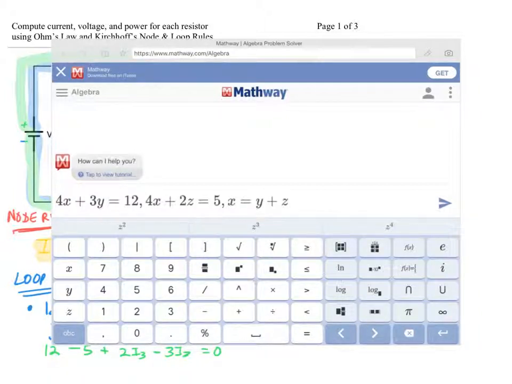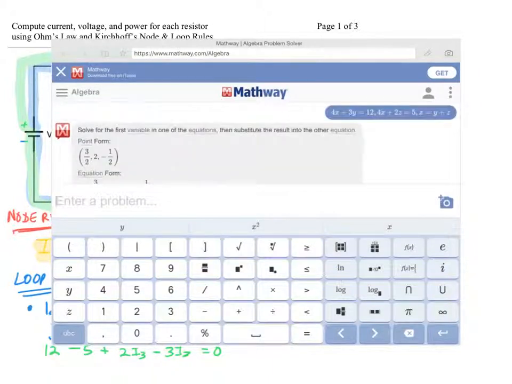plus Z. And if I hit the little go button, it just pops out the answers of 3/2, 2, and minus 1/2, which if you ran the simulation, you would know that those are the currents that actually come out in the FET thing. So here's the rub. I told you that if you ever get a negative out of your solution, remember we assumed a direction of current flow.